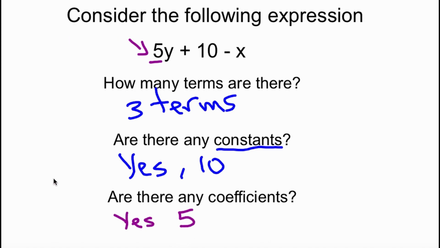Now, if you look carefully, you have another variable here, the x. Now you might say, okay, but there is no number in front of the x, therefore the x does not have a coefficient. There is a special coefficient, the 1. Now, if we take 5y, we know that the 5 is multiplying the y.